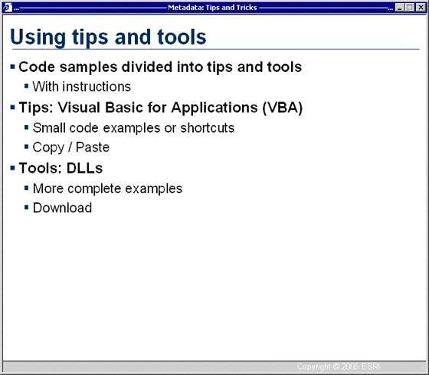Tools, on the other hand, are more complete examples, and they come in the form of DLLs. You can download them, and yes, I'll admit it does take a few more steps to set them up than it does for the VBA samples, but the instructions take you through the process. And after you've done this a couple of times, you'll be a pro.